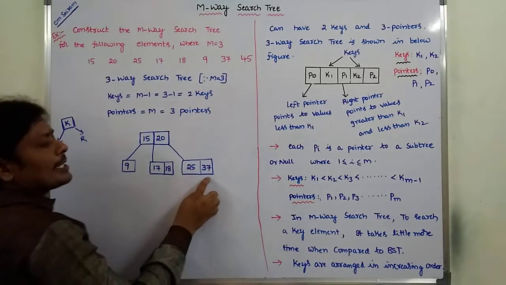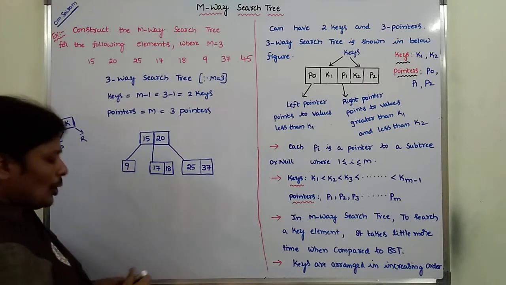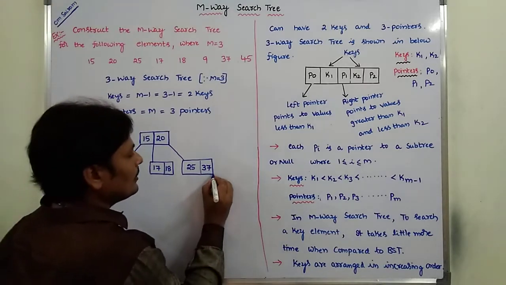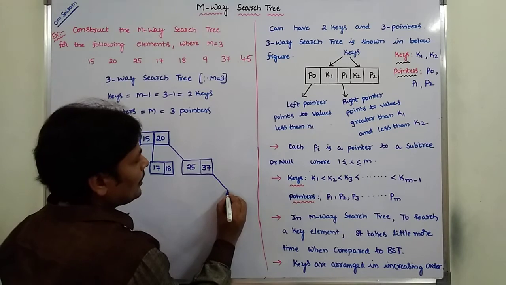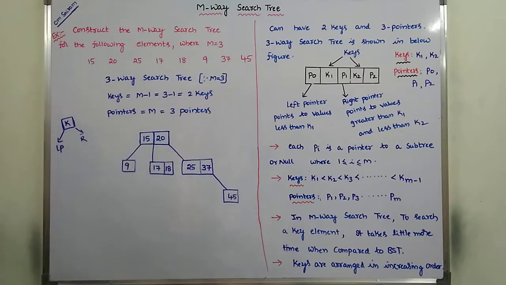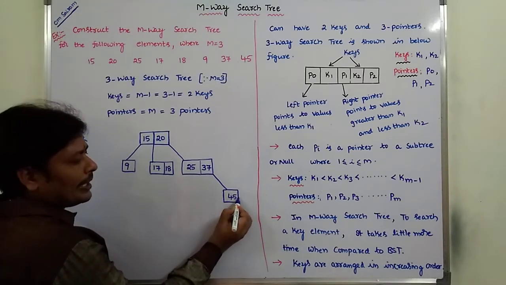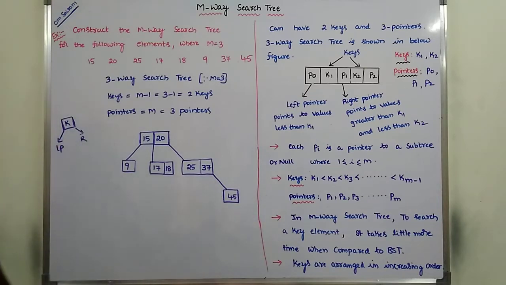Next 45 is compared with 37, it is also greater. Go to the right pointer. So here 45 is stored. Okay, so for 45 this is the left pointer, and for 45 this is the right pointer.